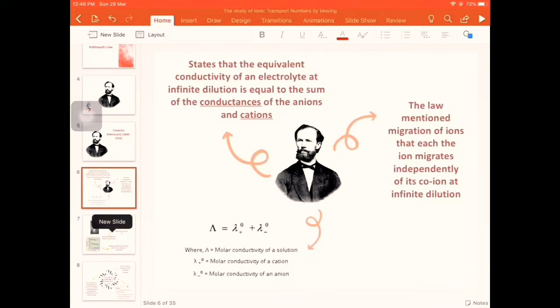The law states that an electrolyte has a molar conductivity at infinite dilution that is equal to the sum of the conductances of the anion and cation. Mathematically, the molar conductivity is equal to the sum of the molar conductivities of the cation plus the anion.